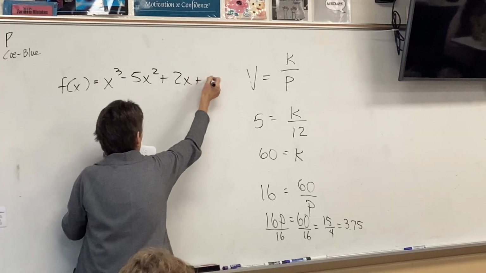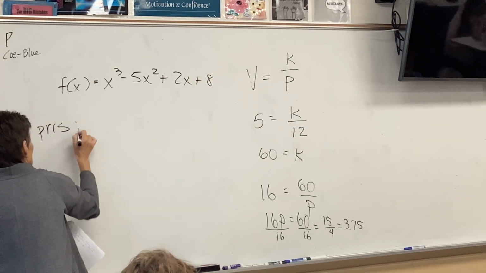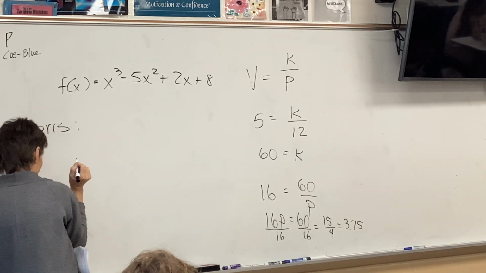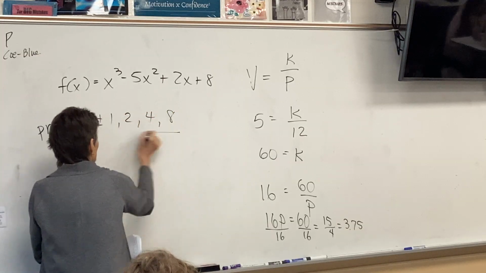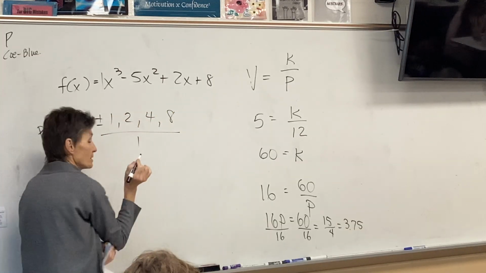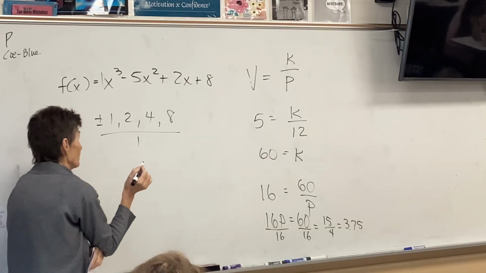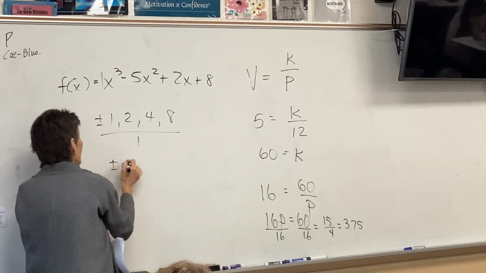It says list the PRRs again, so here we go. Factors of 8: 1, 2, 4, and 8. And again, it's just over 1. So it's just 1, 2, 4, and 8.